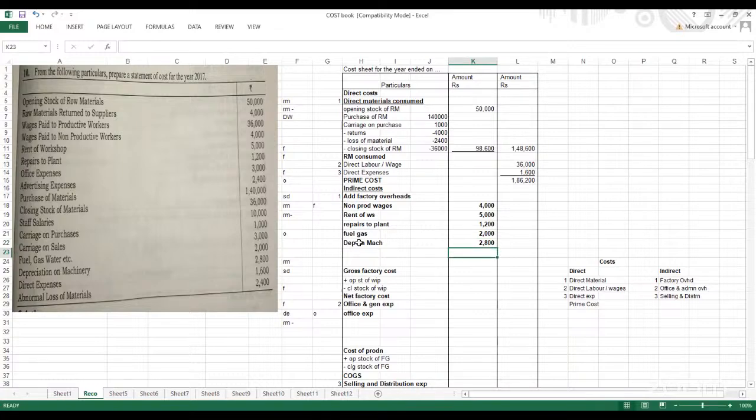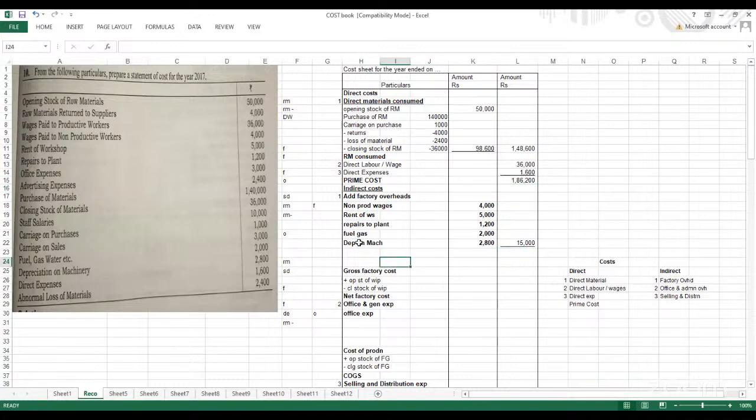So F markings are 1, 2, 3, 4, 5. I have taken 5 items. I'll add them now. Okay, total is 15,000.